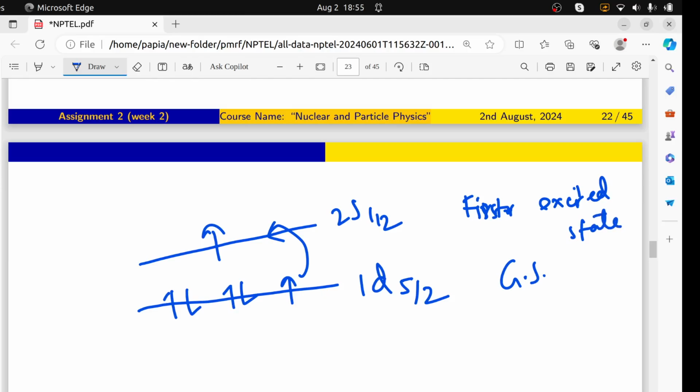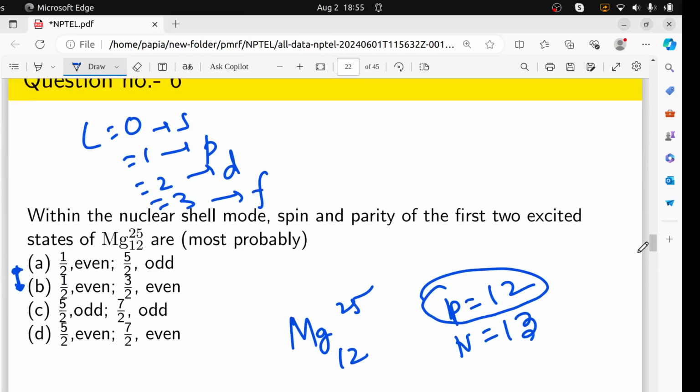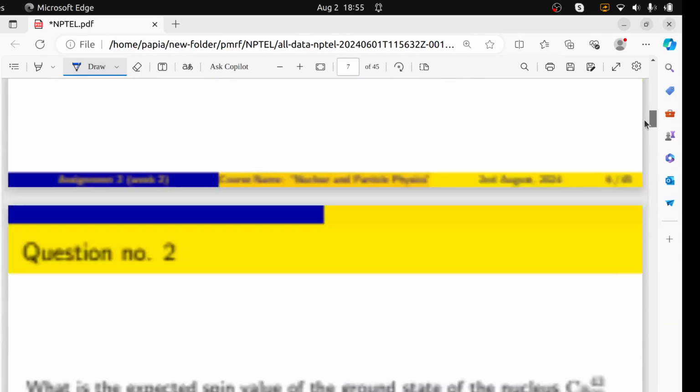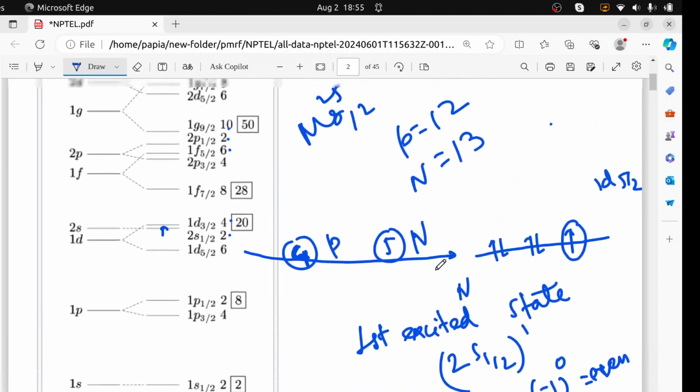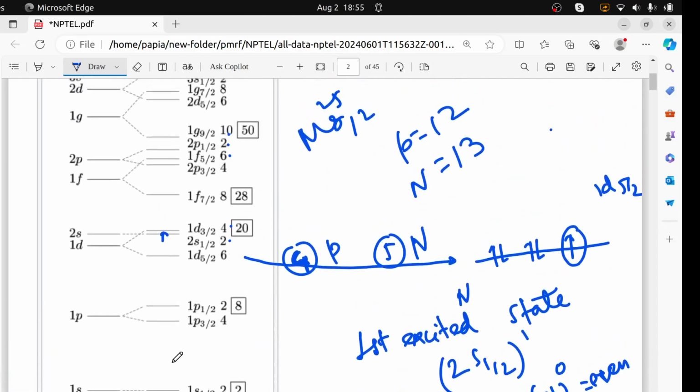Now what will happen if the second excited state is coming? Okay, very good. So again maybe we will go there, because for this case we need to check which one is giving the lowest energy level, right? So as I told here, for the first excited state, what is the case? Let me write here. First excited state. For the first excited state, there was 1, 2, 3, 4 and 1.